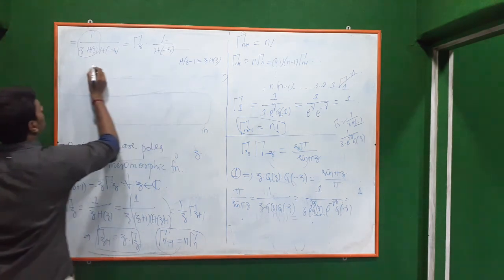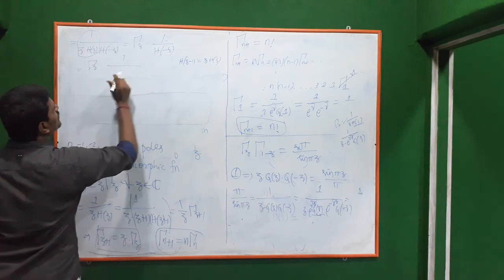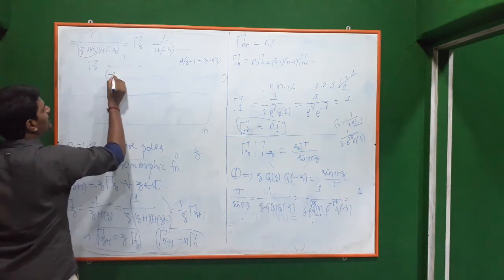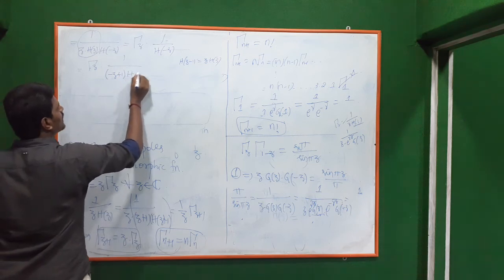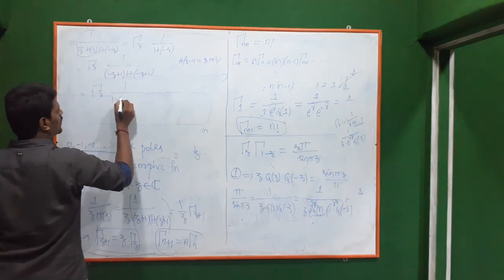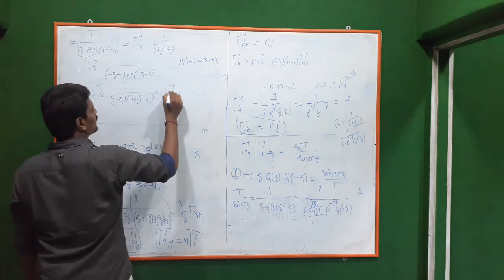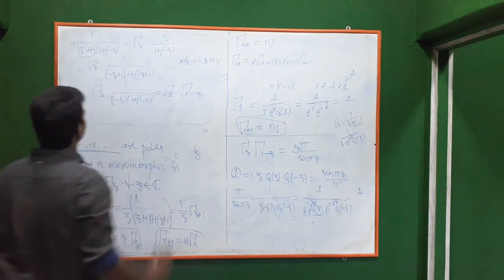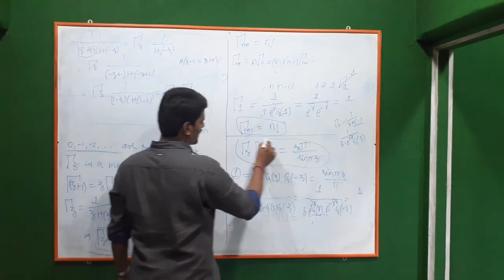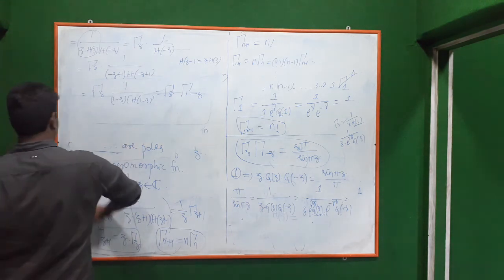So in here minus z is there, so this will be minus z plus 1 into h of minus z plus 1, which is gamma of z into 1 by 1 minus z into h of 1 minus z, which is nothing but gamma of z into gamma of 1 minus z. So we have got gamma of z into gamma of 1 minus z is pi by sin pi z. Clear?